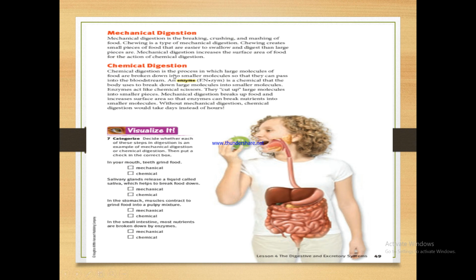Now, chemical digestion is the process in which large molecules of food are broken down into smaller pieces. Once you chew it, the chewing was breaking the large pieces of food into smaller pieces. It was not talking about molecules.